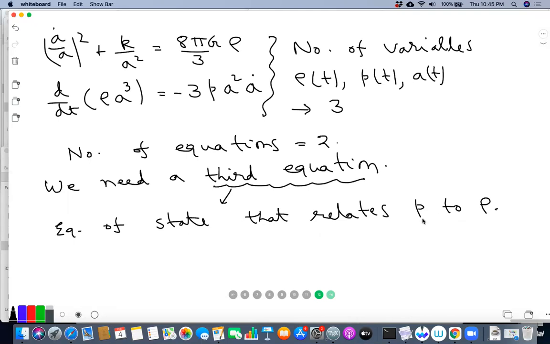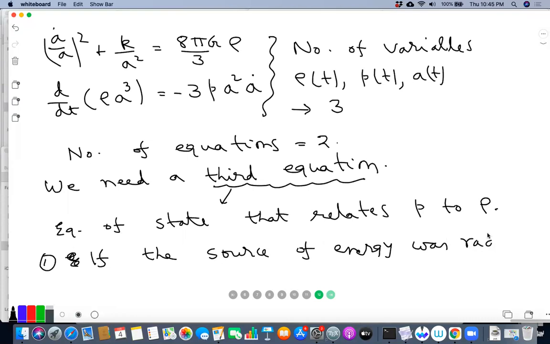So I'll give some examples, and then we'll turn to the actual physical situation. For example, if the source of energy was radiation, then we know that the pressure of radiation is rho over 3.